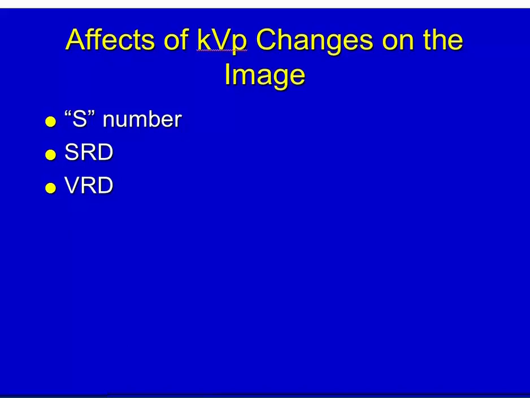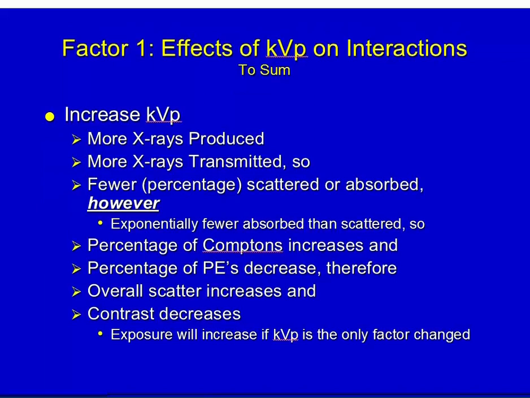So your S number indicates exposure. Sharpness of recorded detail is unaffected by kVp. Visibility of recorded detail, you've got maybe a slight change in contrast, but it's going to be pretty insignificant. So, effects of kVp on interactions.